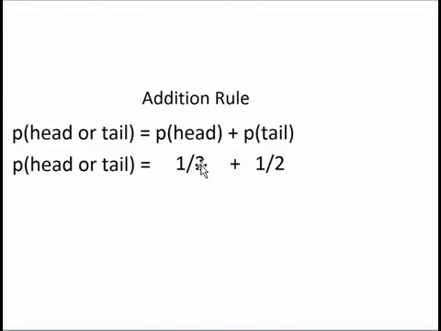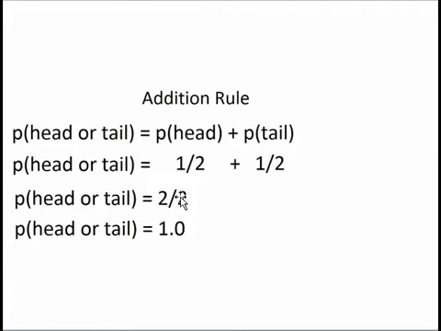Since the two fractions both have the same denominator, since they both have 2 on the bottom, we can just add the two numerators to get our answer. So 1 plus 1 equals 2, this 2 right here on top. And then we just keep the 2 on the bottom. And then the answer is 2 over 2. And if you divide 2 by 2, you get 1.